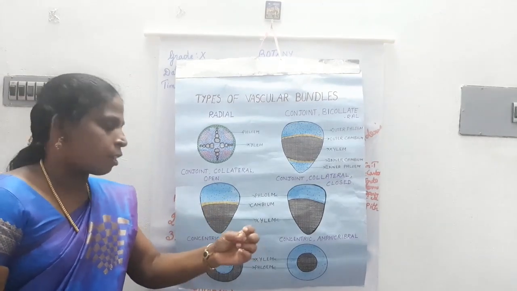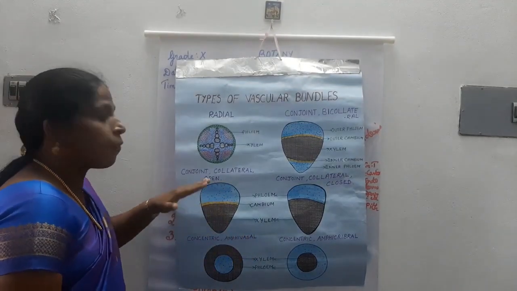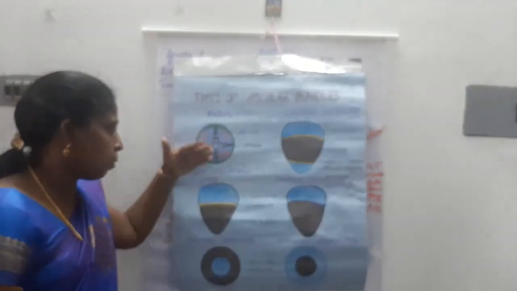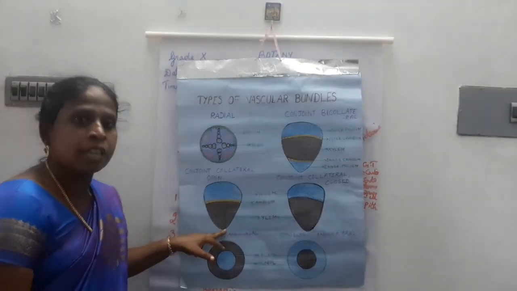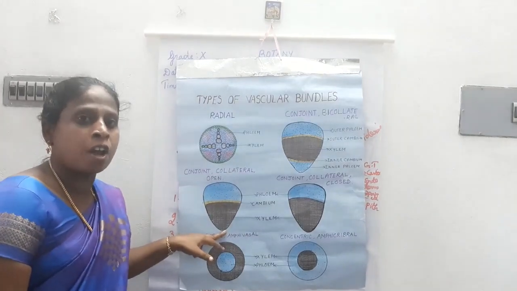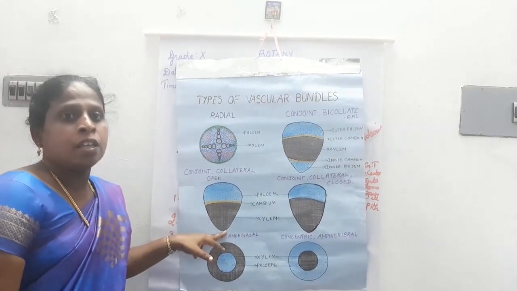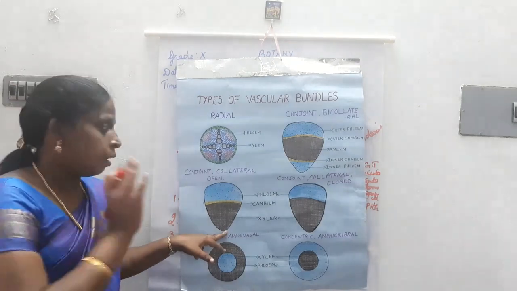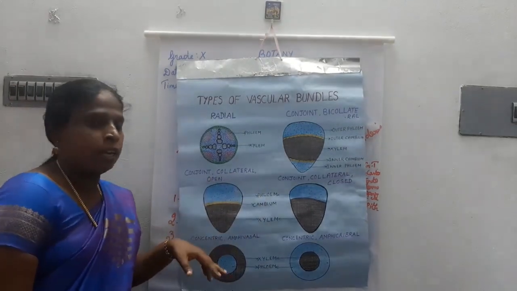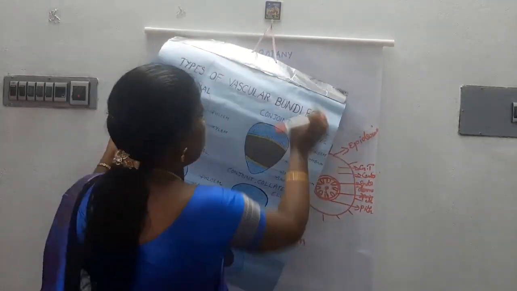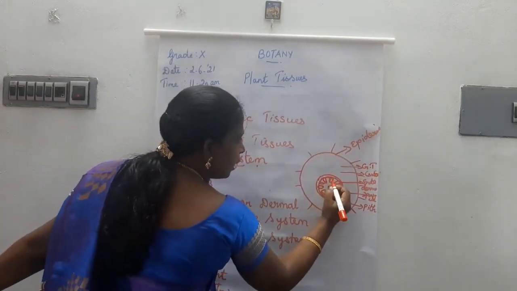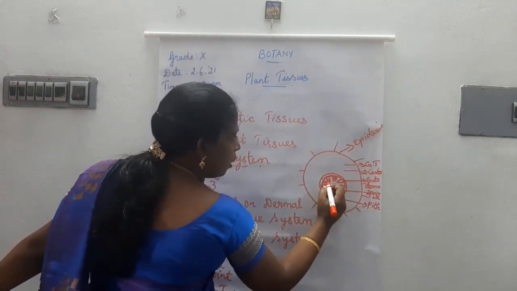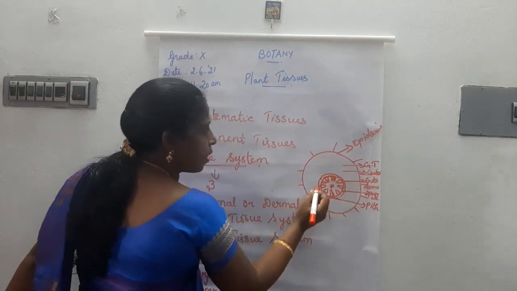Collateral vascular bundle is when phloem lies towards the periphery and the xylem lies towards the center. That type of vascular bundle is called collateral vascular bundle. Why? Here we can see many vascular bundles are arranged.